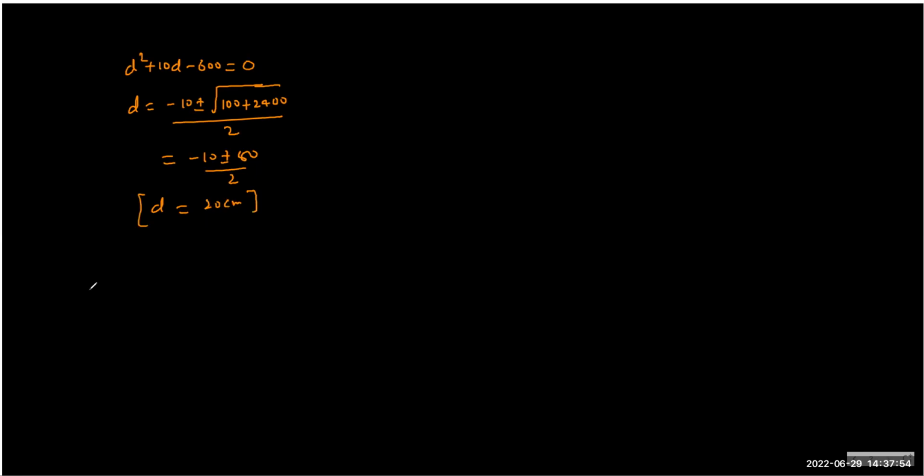Anyway, so the separation between the mirrors is how much? 30 plus 20, which is 50. Okay, fine. I think the 30 was given. If they had only asked that the final image coincides with the object without mentioning the initial distance, and we had to find the separation, then we could have done it directly like this.